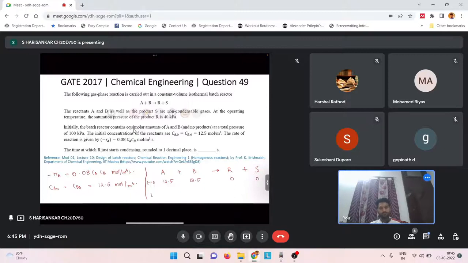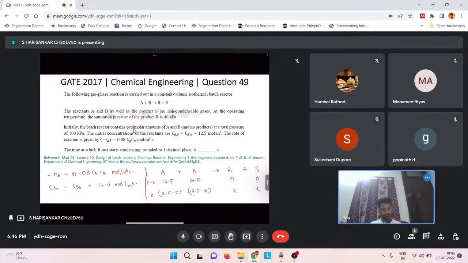And let's say at time t, X amount of A and X amount of B has reacted. So we'll have A as 12.5 minus X, whatever is remaining after the reaction. So 12.5 minus X moles of A, 12.5 minus X moles of B. This will form X moles of R and X moles of S.